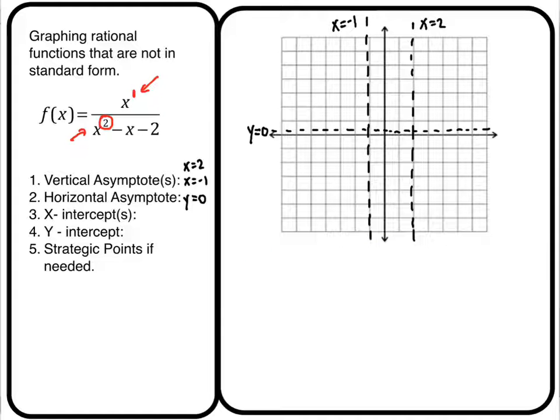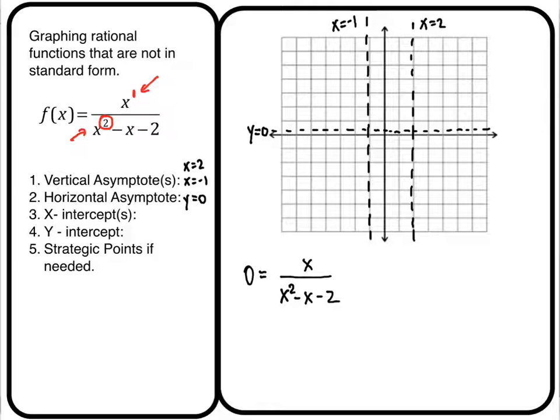Okay, so the first thing that I want to do is that with x-intercepts, I want to set y equal to 0 and then solve. Now, one of the things about setting a rational function equal to 0 is that the only way to get a rational function equal to 0 is for the numerator to be 0.